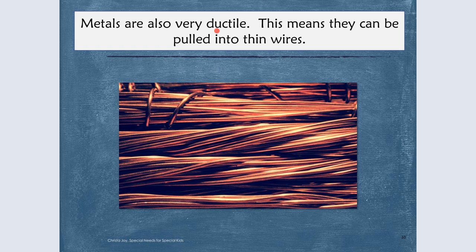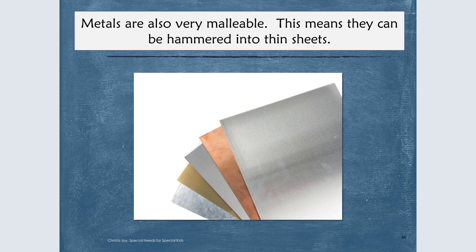Metals are also ductile, which means that they can be pulled into wires. Metals can be malleable, which means they can be hammered into sheets. And some sheets, like aluminum foil, are very thin. They are very thin sheets, so they can be hammered and stretched.